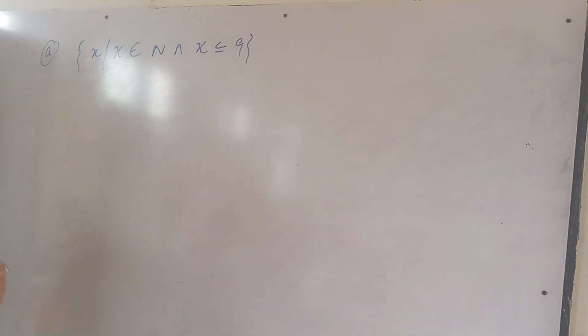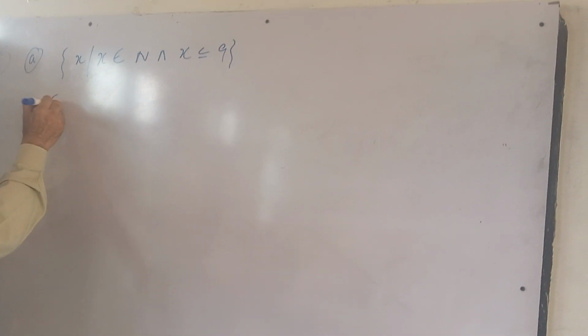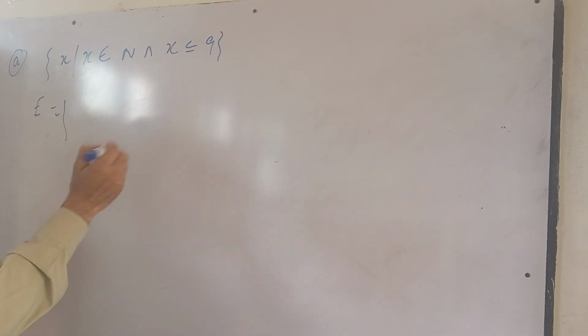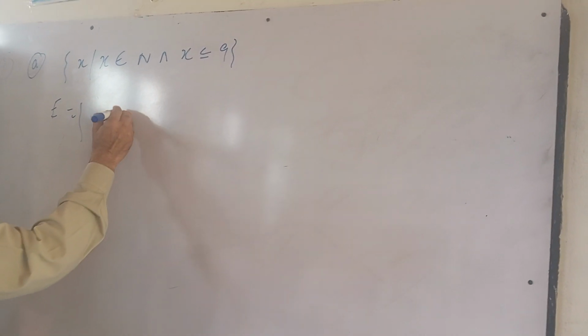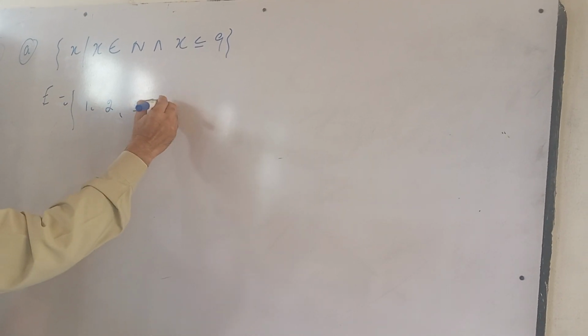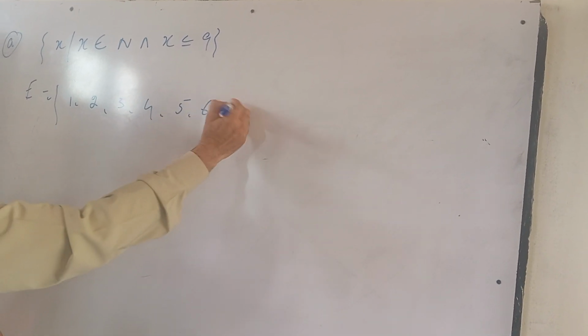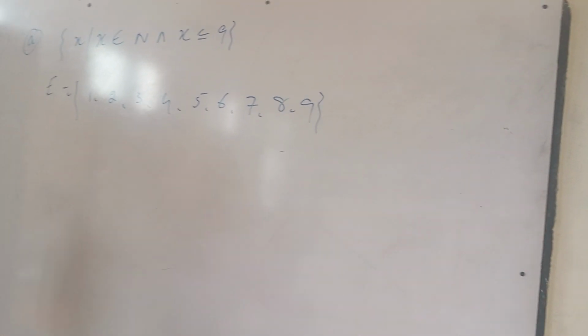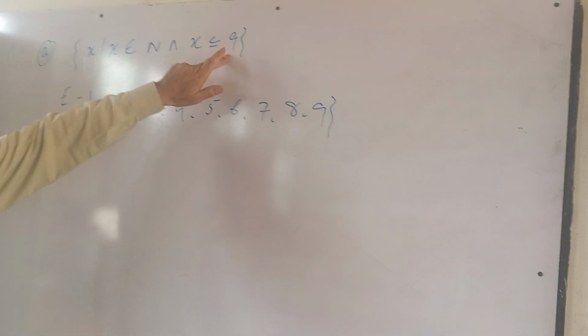So this set is equal to, I can write it as, x is a member of N. N starts with 1, 2, 3, 4, 5, 6, 7, 8, and 9, because the set contains 9 too.